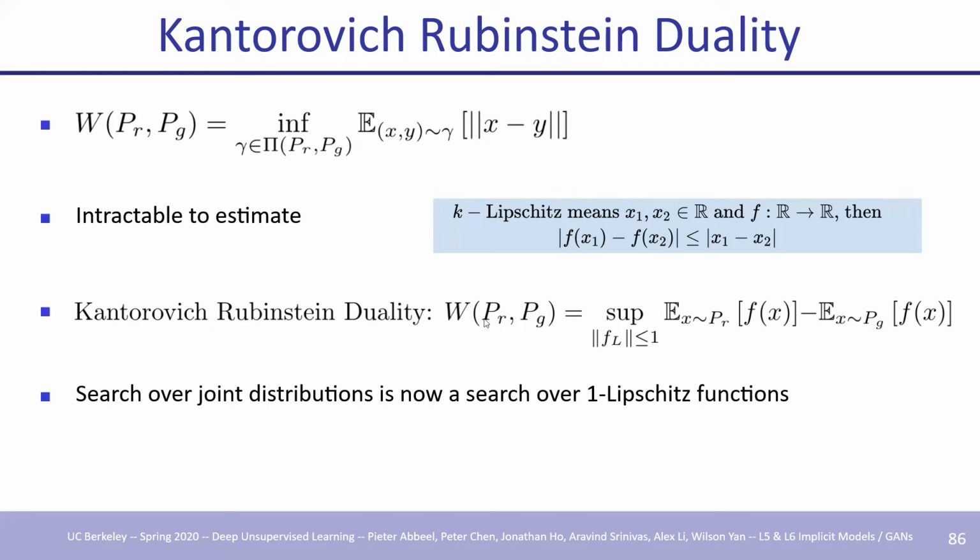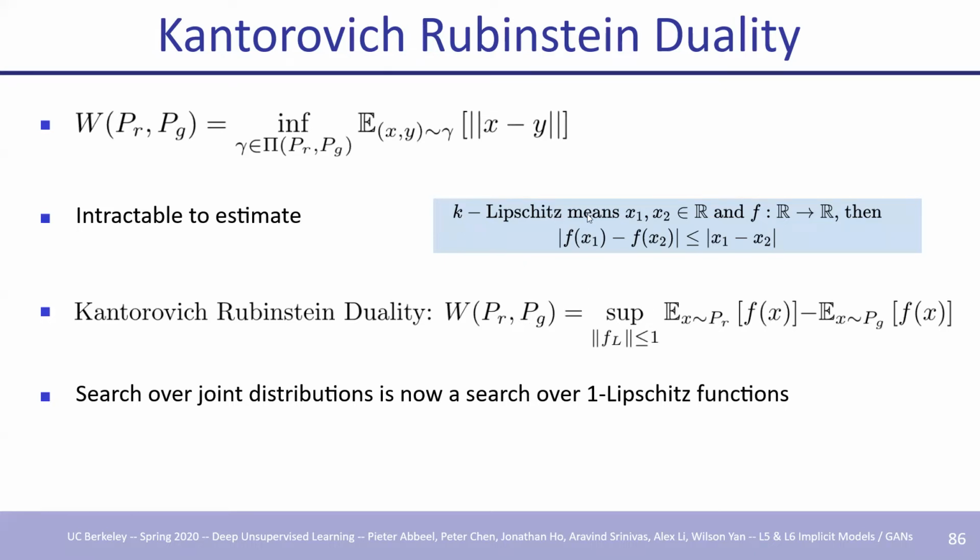It's the distance between the distributions PR and PG. For each x, we take f of x from the real, and then f of x from the generated. And what is f? It's some function which is Lipschitz.